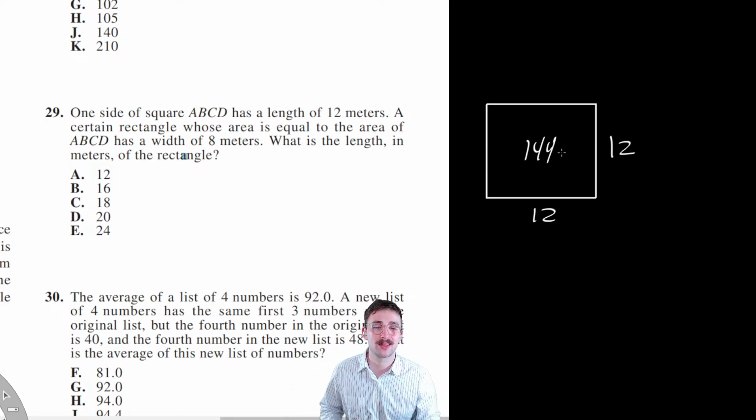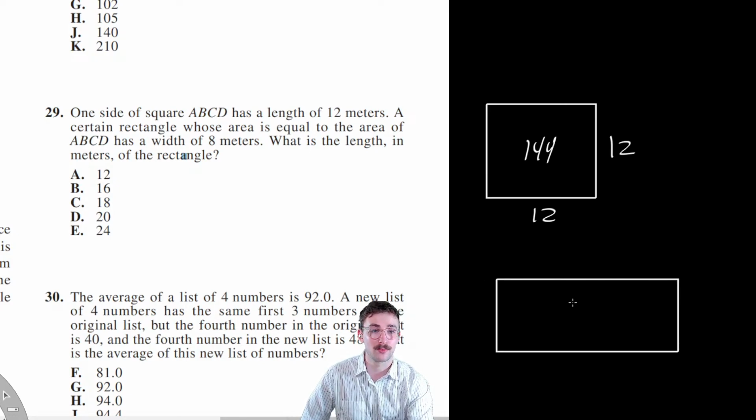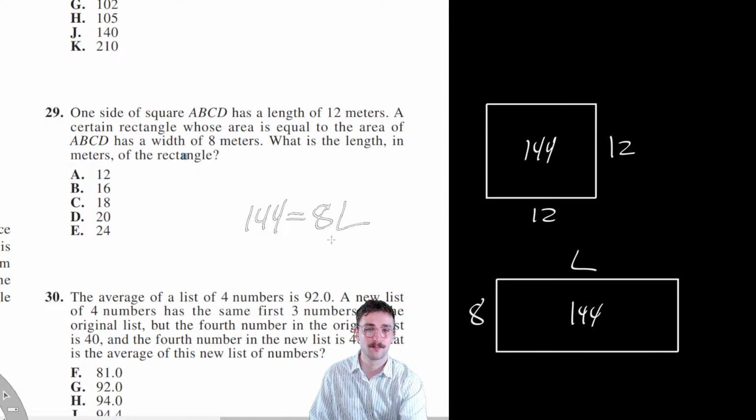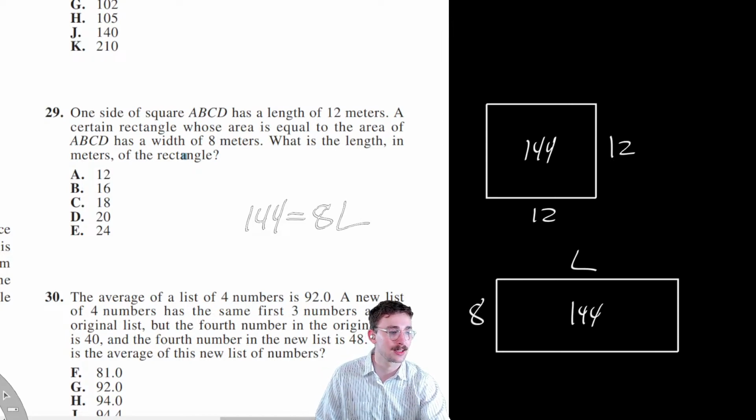They love to word it that way just to throw you off, but it's important to be able to break it down. So they're telling us that we now have a rectangle, and the area is 144 as well, but it has a width of 8. So they say, what is the length of that rectangle? Well, we can solve for L. The area equals length times width, so 144 equals 8 times L. 144 divided by 8 is going to give us our answer.